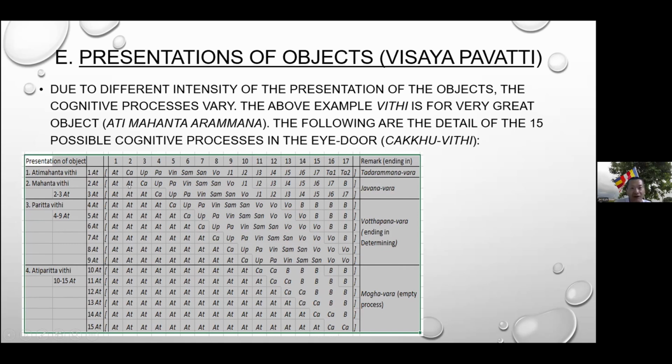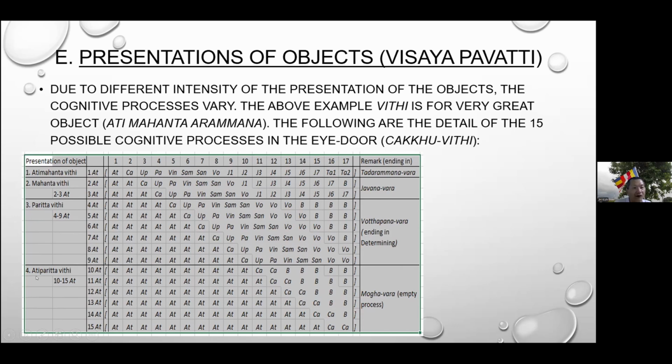And this will affect the type of cognitive process that it generates. Similarly, when the presenting object is Parita Vithi, that means a slight object, there is a potential variation of 4 to 9 Atita, and the cognitive process will be as follows.